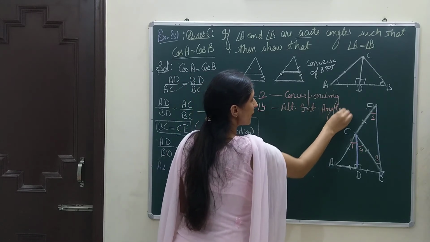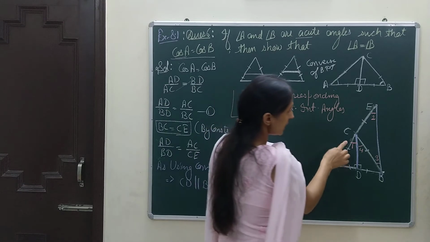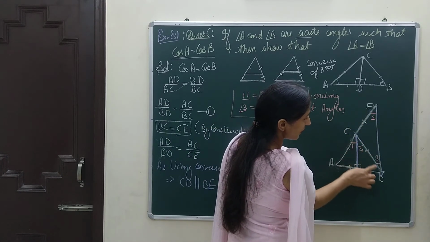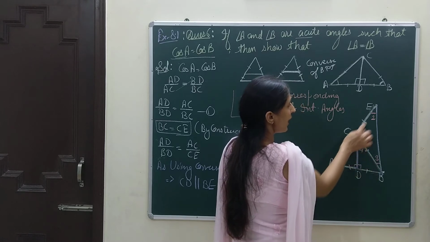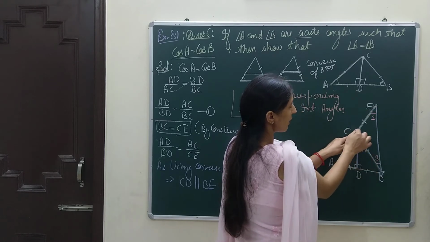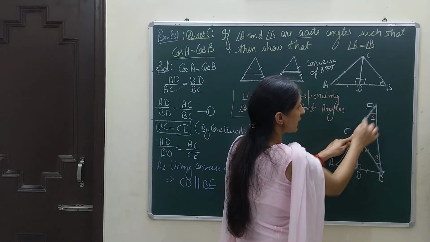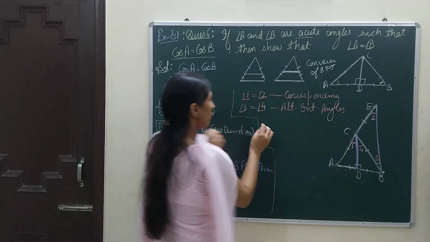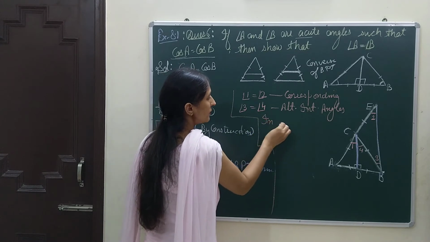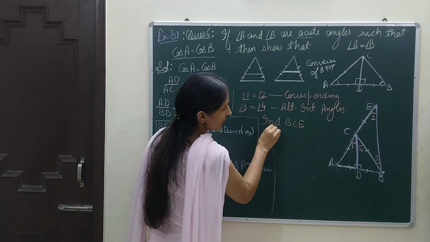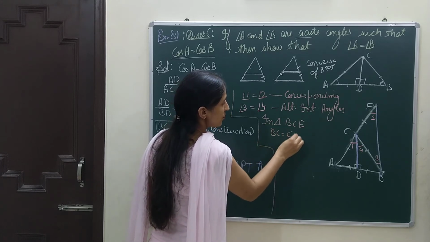Okay. Now, if we see in triangle BCE, as we have constructed this side BC and CE equal, we have constructed this CE length same as BC. That means two sides are equal in this triangle. Now, we will talk about triangle BCE, where BC is equal to CE.